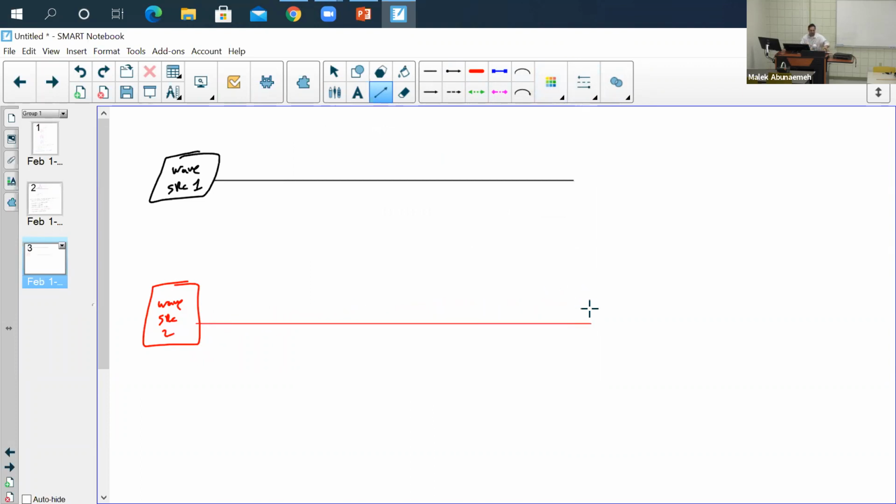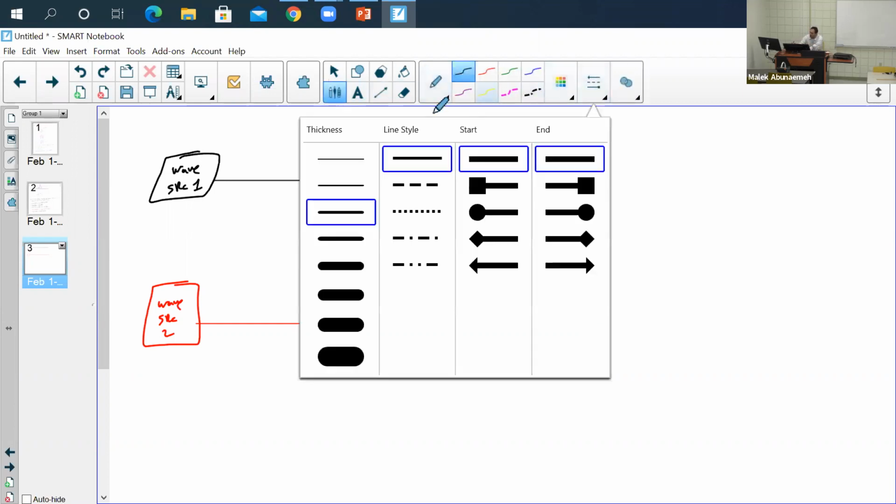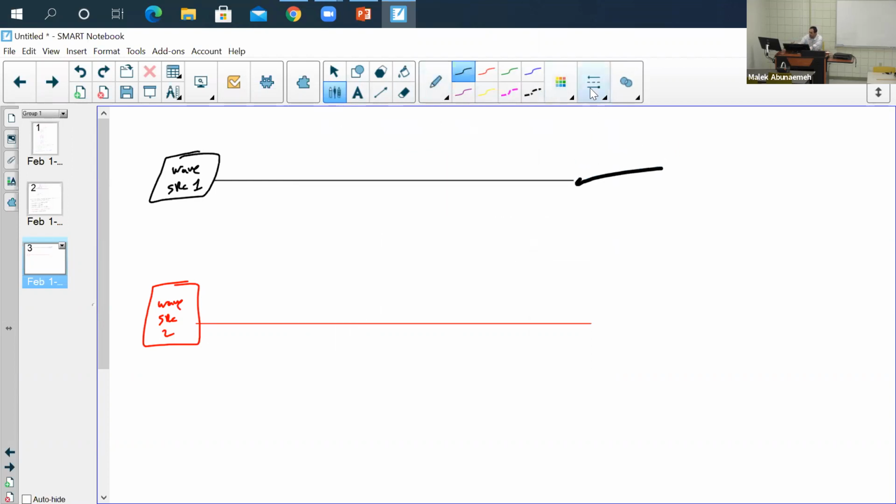That's my wave source number 2. So you get your source wave 1, source wave 2. I don't know. Let's say it's 2 speakers going in. So this is going to be your, actually, let me write this down. This is going to be your equilibrium line. This is this equilibrium line, which is the wave would be 0.